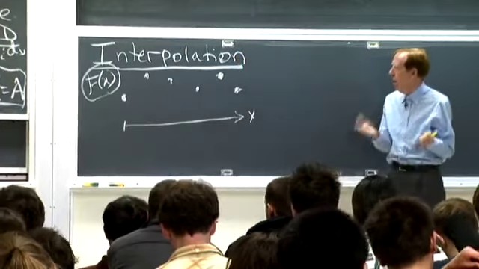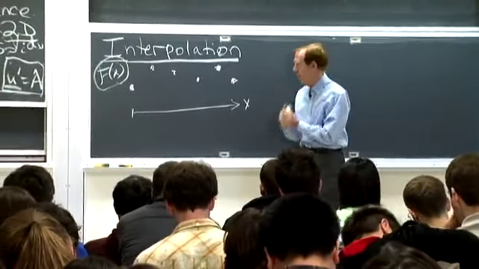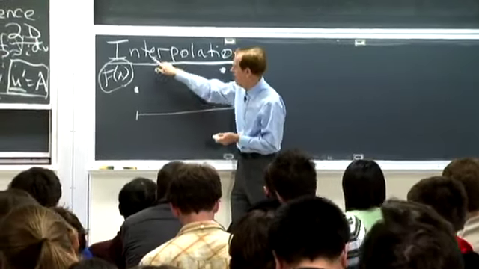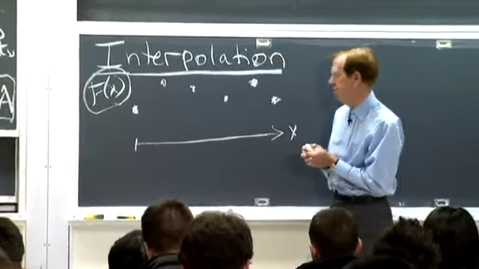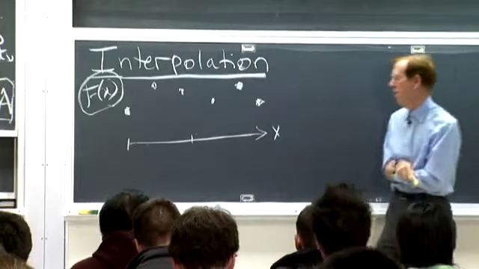So how do I fit those with a curve? In other words, what does interpolation mean? Inter is sort of asking, what about between the points? What value should it have there?